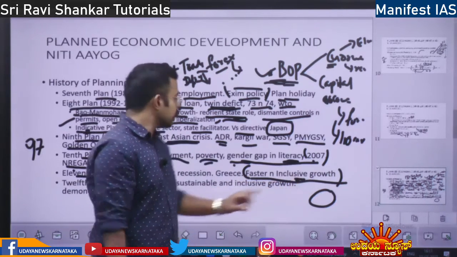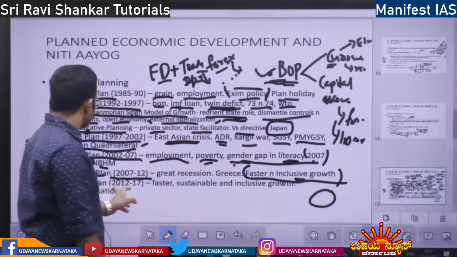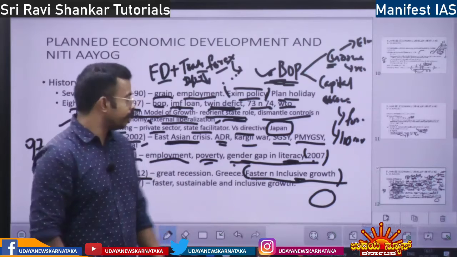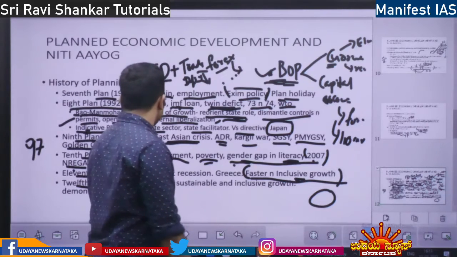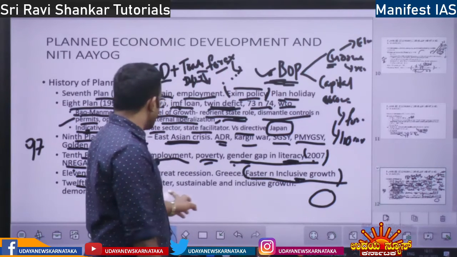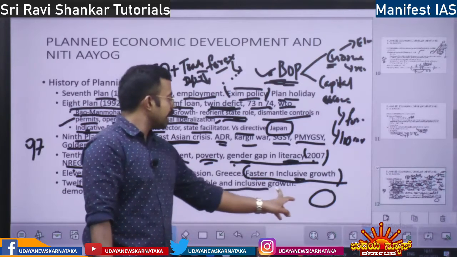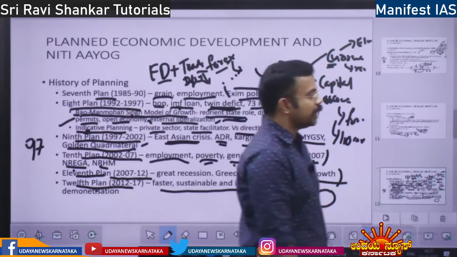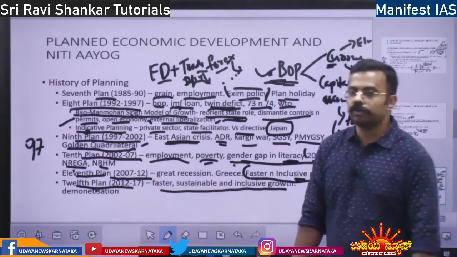That is the concept. Next, we have the 12th plan, 2012 to 2017. The motto of this plan is faster, sustainable and inclusive growth.